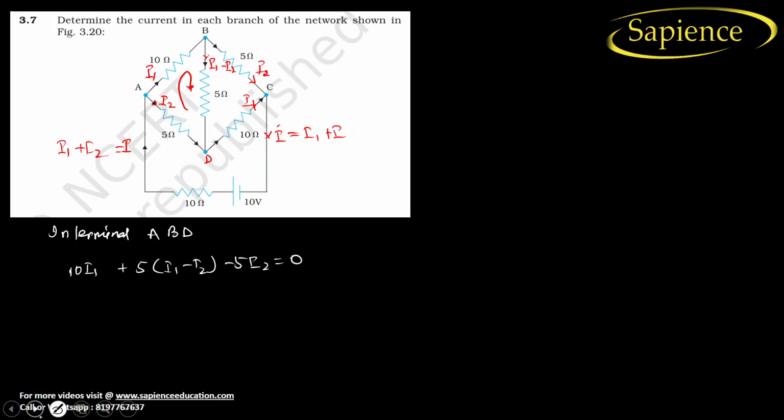And again we need to take this terminal, so other terminal will be, we can take this terminal as a closed loop.